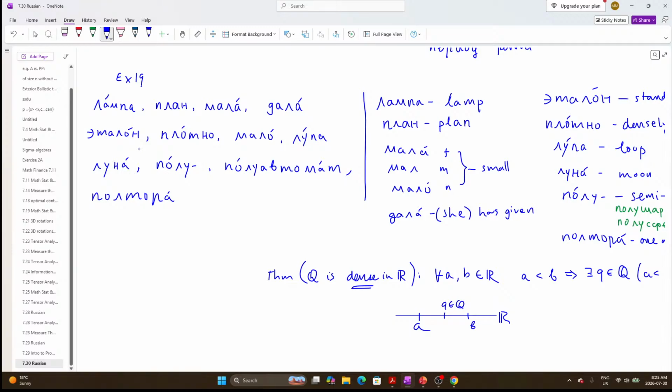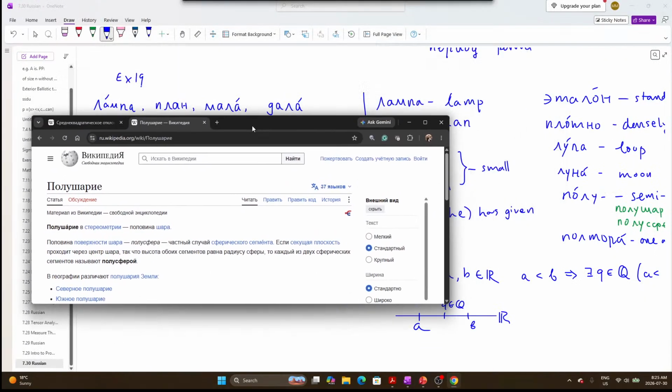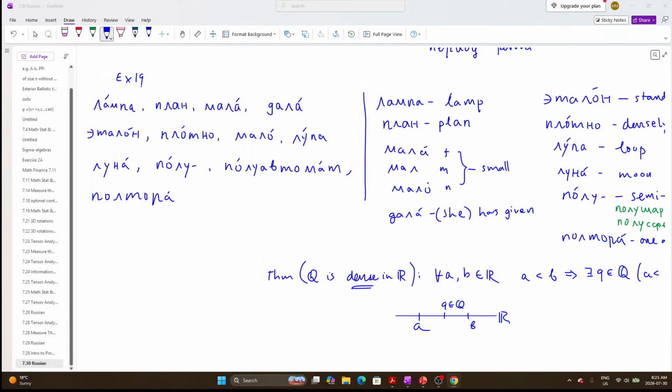What on earth is a полуавтомат? Is that a computer science term? I suspect. Russian. Hang on.